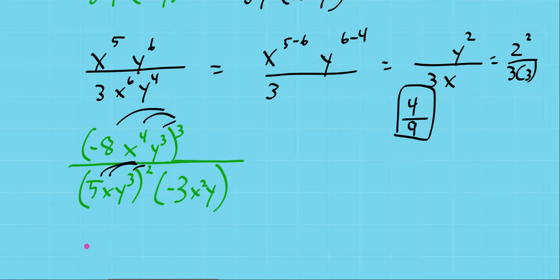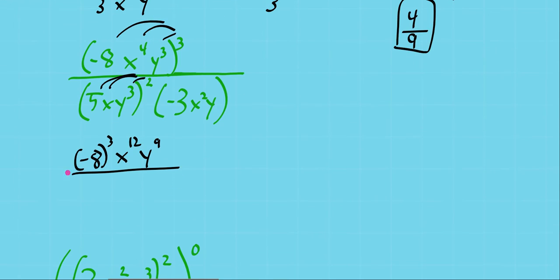So we have negative 8 cubed, x to the 4 times 3, which is 12, y to the 3 times 3, which is 9, and on the bottom we've got 5 squared, x squared, y to the 6th, 3 times 2 is 6, times negative 3 x squared y.